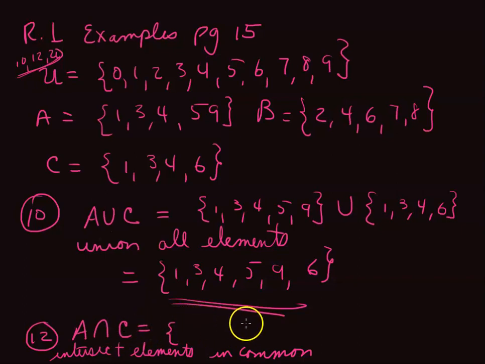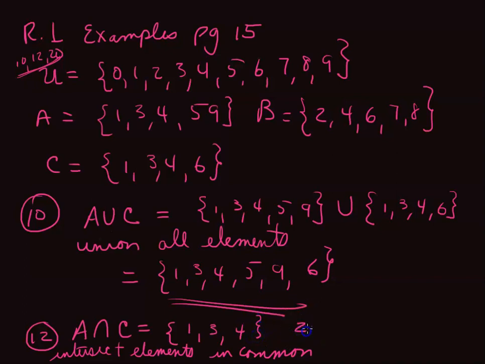So writing these things down will make a difference, I believe. And if you write intersect elements in common, when you come back and look at this to review for the test, then you won't have to look it up in the book maybe. You'll say, here are my sets. I wanted A intersect C, all those in common. Let's see, for A and C, it's 1, it's 3, it's 4, but not 5 or 9 or 6, so that's it.